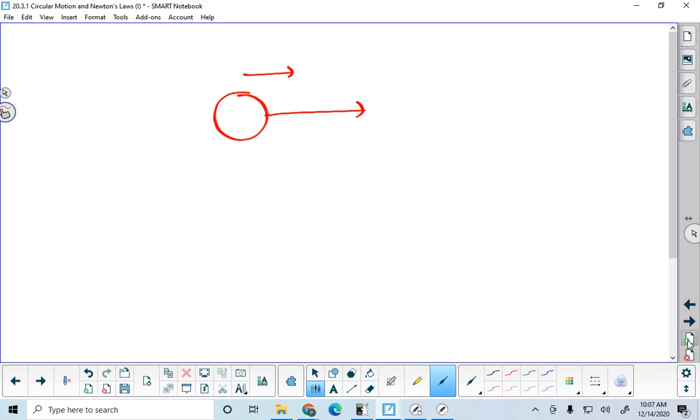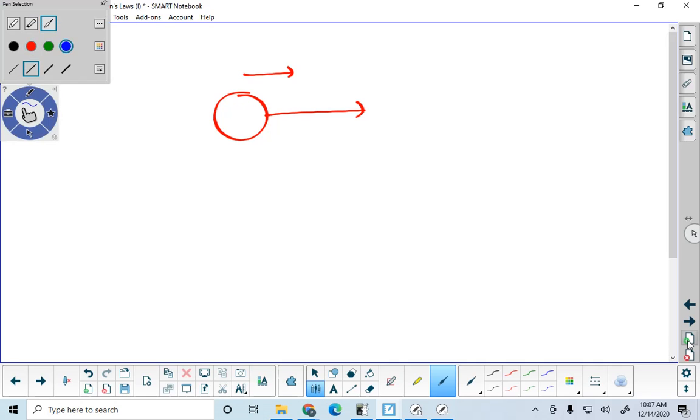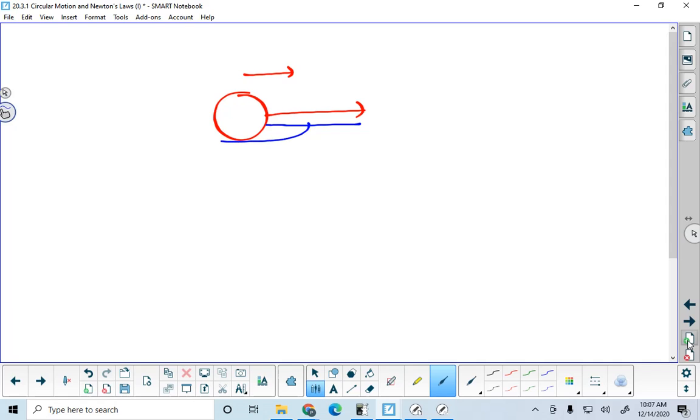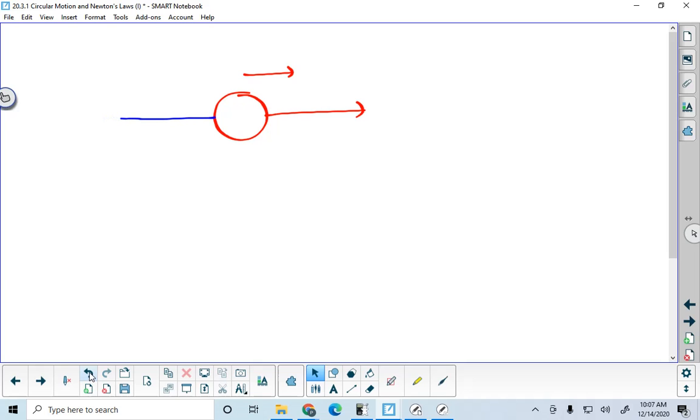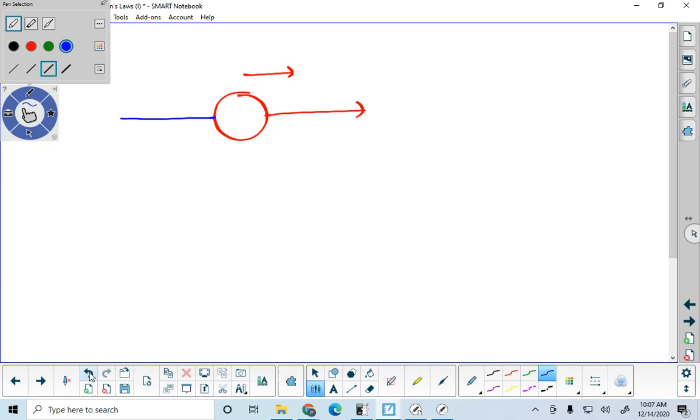In other words, everybody, there has to be an exact equal but opposite net force backwards. So if the object is moving left to right, that means that there has to be an equal force backwards as there is forwards.